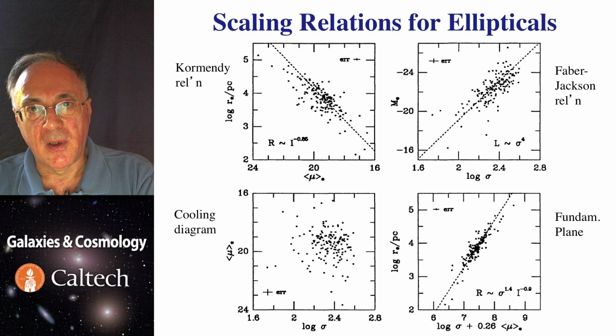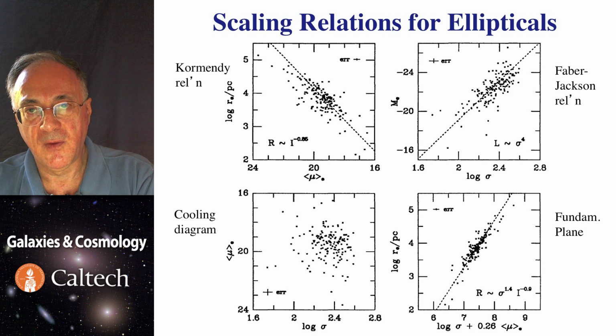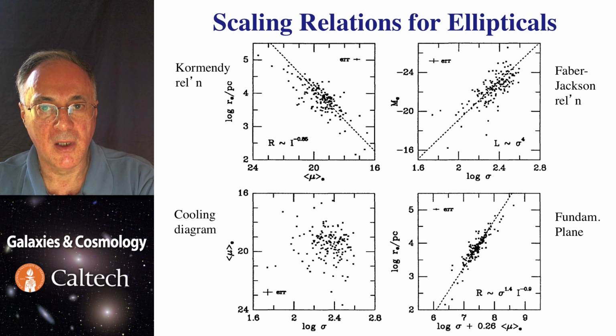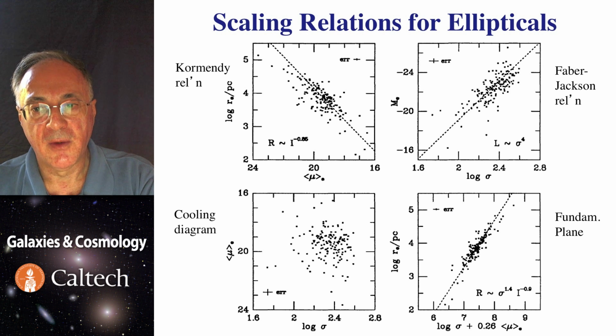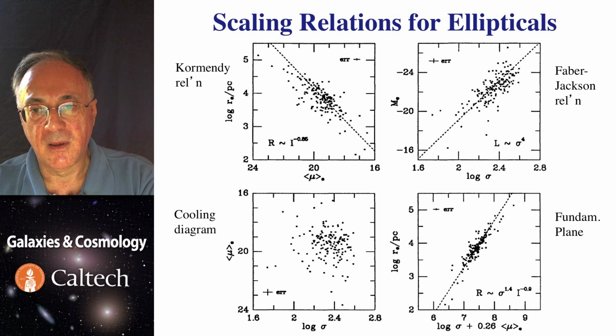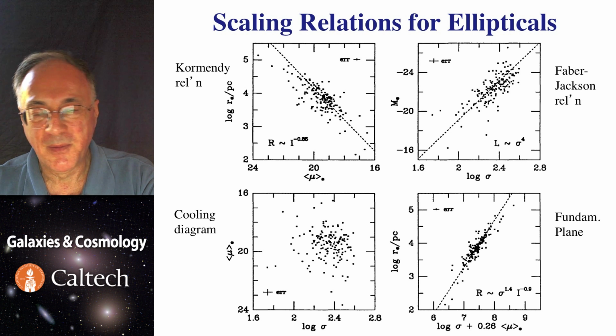But since there is some correlation, chances are that this is a flattened distribution in multidimensional space, and indeed, if you combine quantities in such a way to look at this new two-dimensional correlation edge-on, it looks essentially perfect within measurement errors. That is the fundamental plane. It is a plane because there are two independent variables, and it's fundamental because it connects fundamental properties of ellipticals.